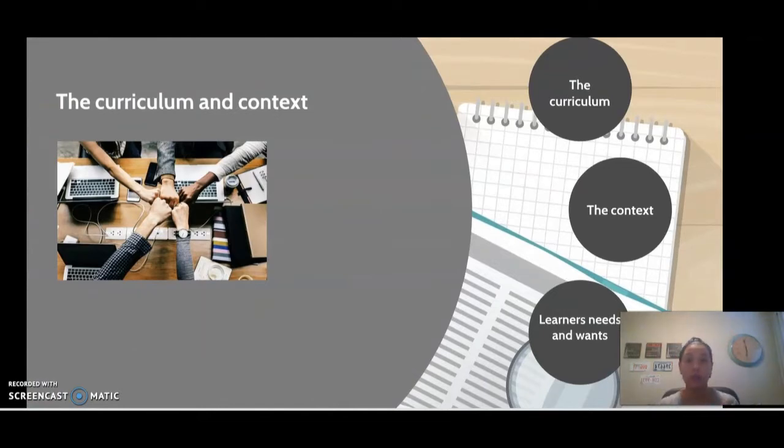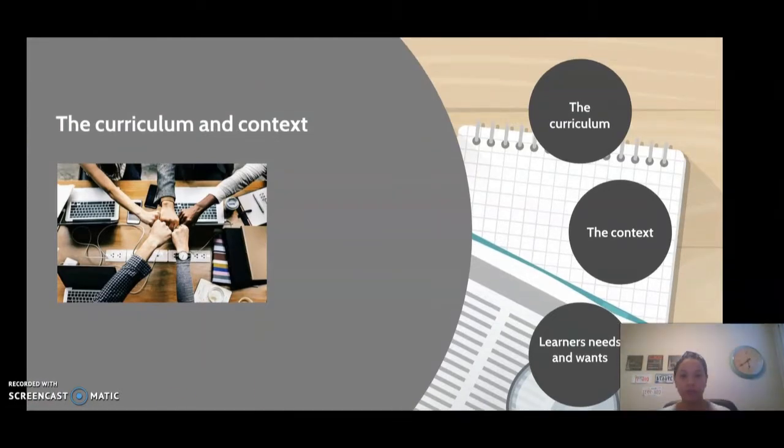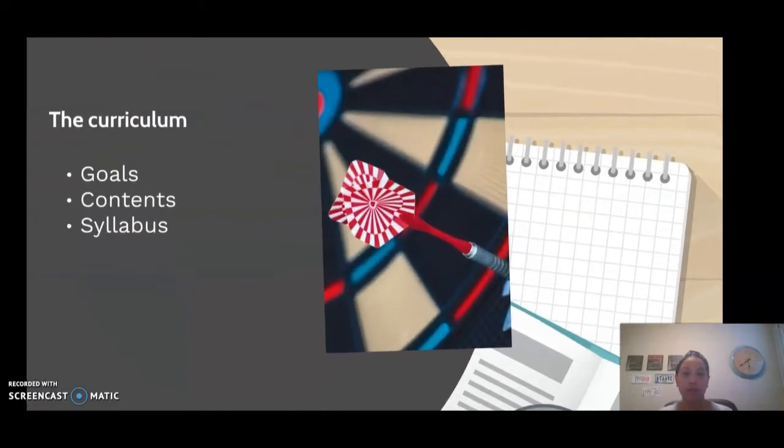Now, let's talk about the curriculum. The curriculum has to do with goals, contents, and syllabus. So that's why the assessment should target the goals and should include all the vocabulary, grammar structures, and other topics that students should learn over the school year.